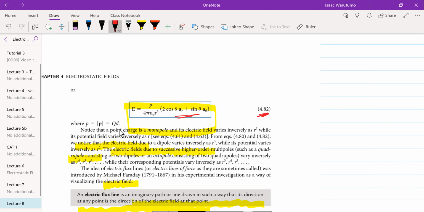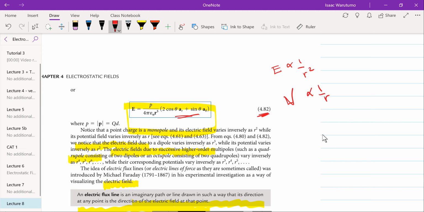And so as we conclude, we need to make some observations. We note that a point charge is a monopole and its electric field varies inversely as R squared, while its potential varies inversely as R. That is something I said earlier, that E varies as 1 over R squared for a point charge, whereas V varies as 1 over R for a point charge.